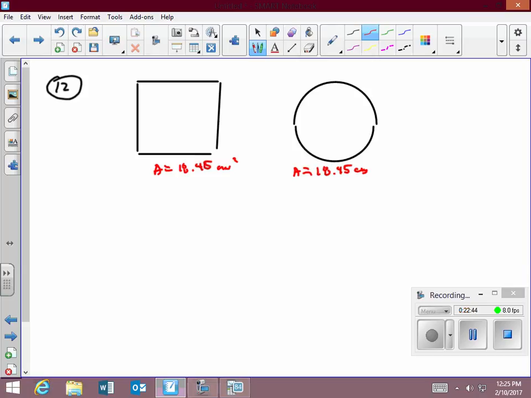It says, when the wire is flattened out, which is longer and by how much? So how are we going to go about doing it?